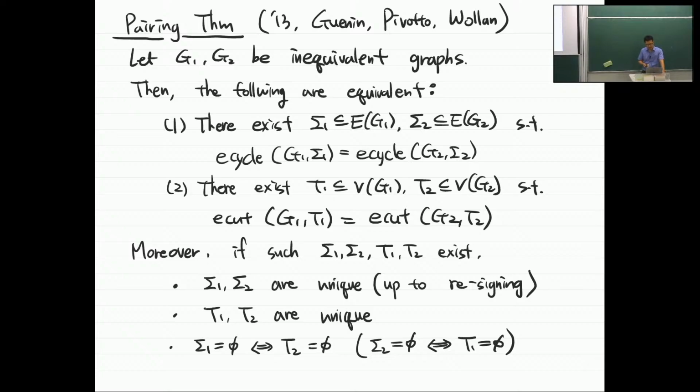If we know sigma 1, we know the information for T2 and vice versa. In particular, if sigma 1 is the empty set, then the terminal set T2 is also the empty set, and vice versa. So we can consider this as a problem on graphs, 2 graphs, instead of 2 signed graphs.